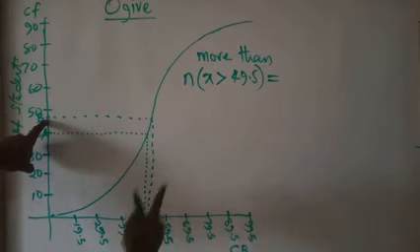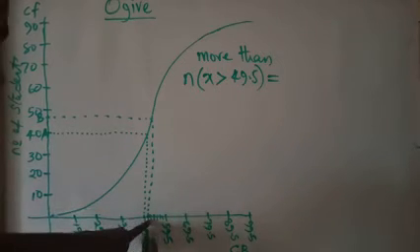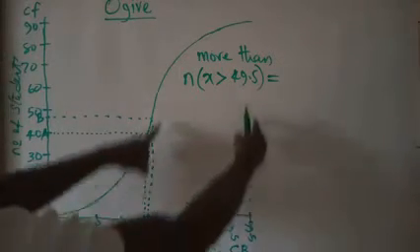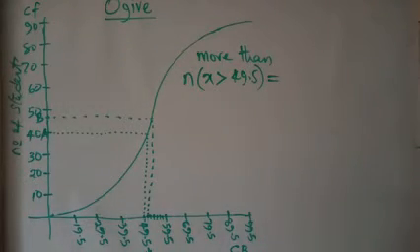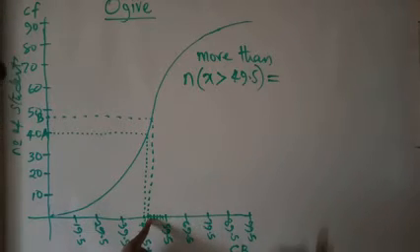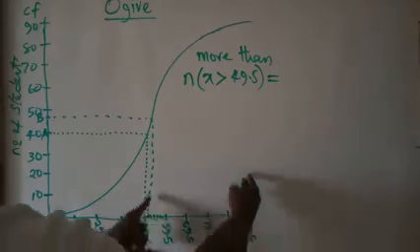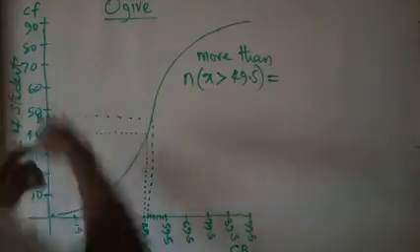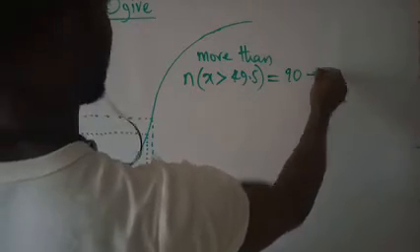Don't forget, they said more. So that means from 50 to this place is what I want. They said more, which becomes all the numbers that are more than this. So I will just move like this. This is the region that I want. So my answer in this case will be 90 minus B.